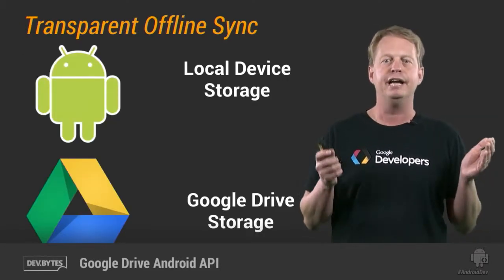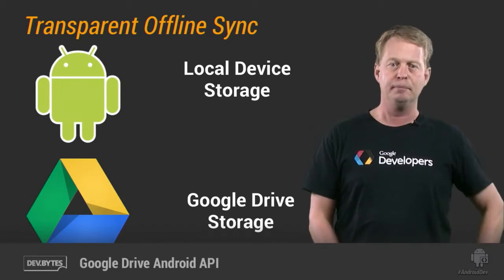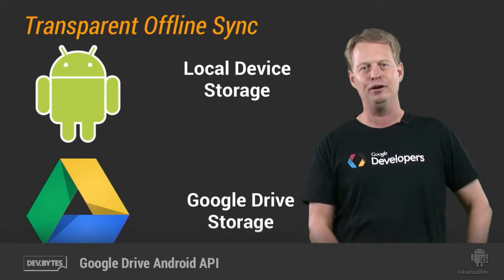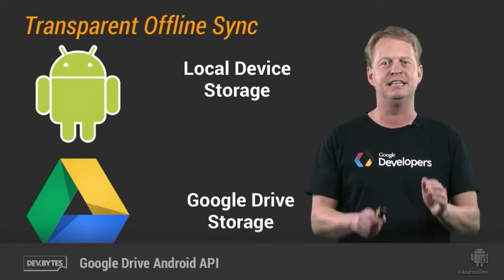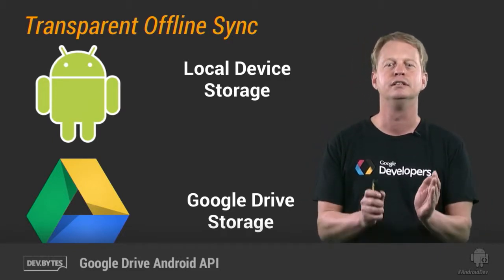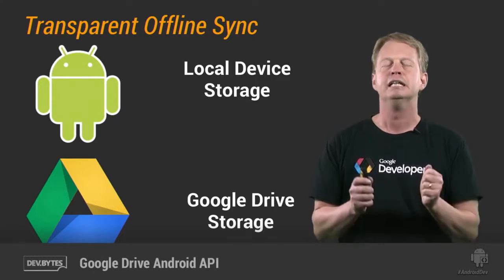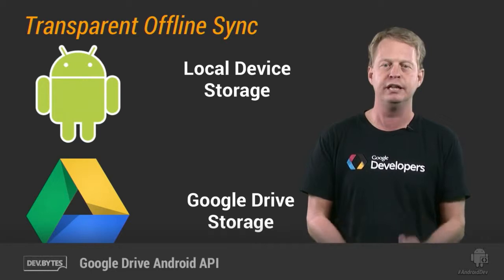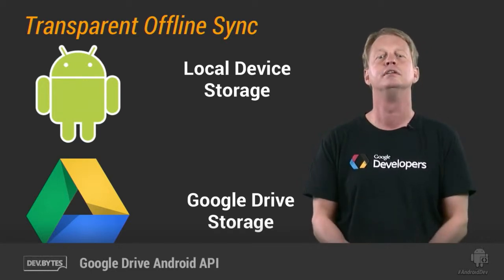As you are aware, an Android device has local storage, but Google Drive storage resides in the cloud. Now, one little peculiar thing about mobile devices is that you can never trust network connectivity. It changes network all the time, and it is very often so that it has no network access at all.